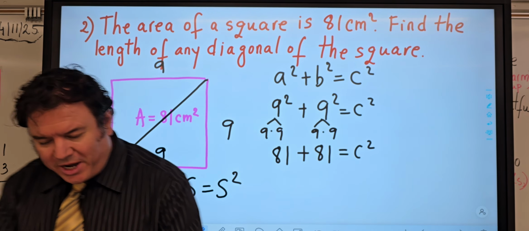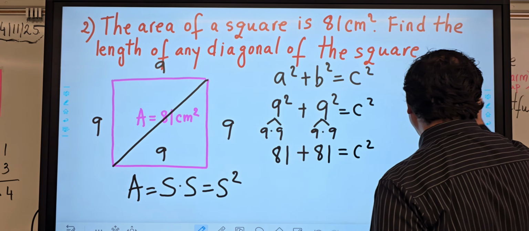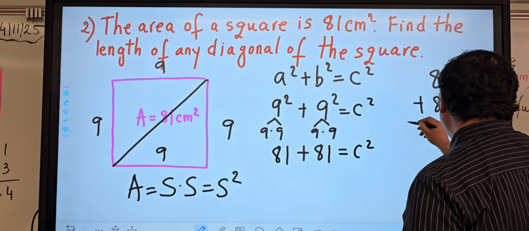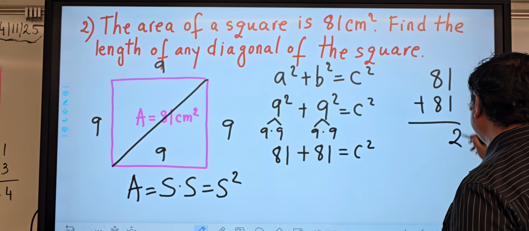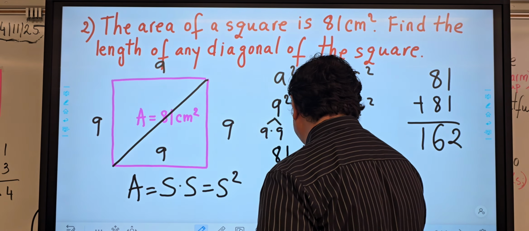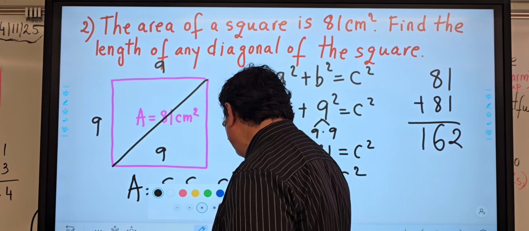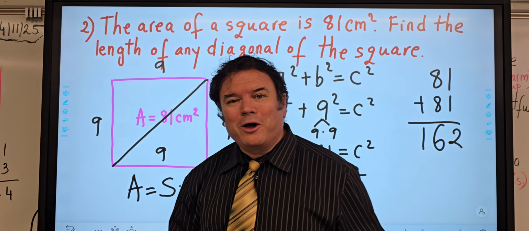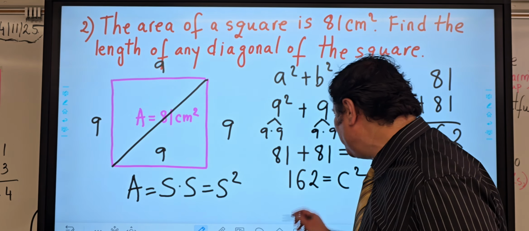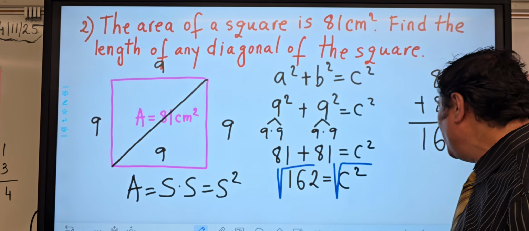Okay, let's continue here. And then 81 plus 81, let's see what we get here. 1 plus 1 is 2, 8 plus 8 is 16, 162. 162 equals c squared. And now, remember, we have to take the square root on both sides to get the answer. So the square root of 162 and the square root of c squared.